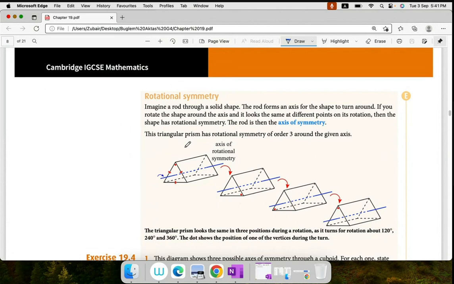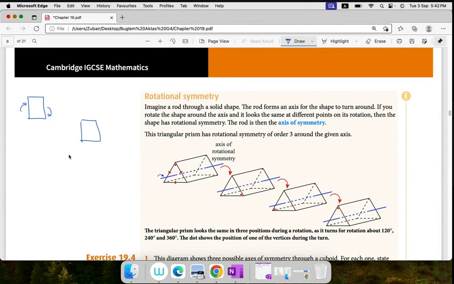Okay. Now, rotational symmetry is that imaginary axis. If you can see in the first one, axis of rotation, that you rotate, and if someone exits the room and enters again, he won't notice that the object is being rotated. For example, you place an A4 page and you just flip it upside down.